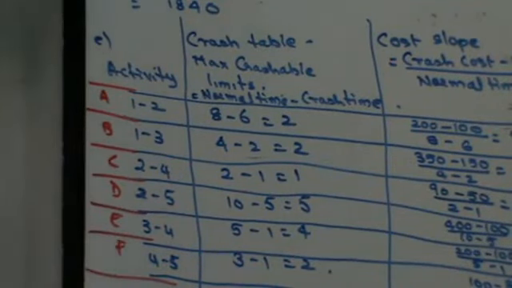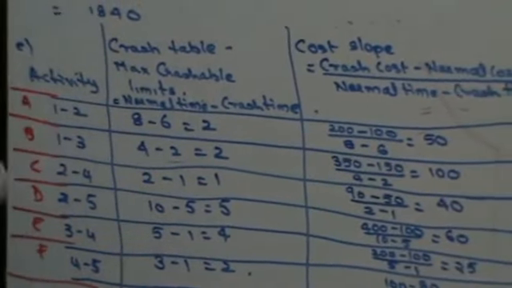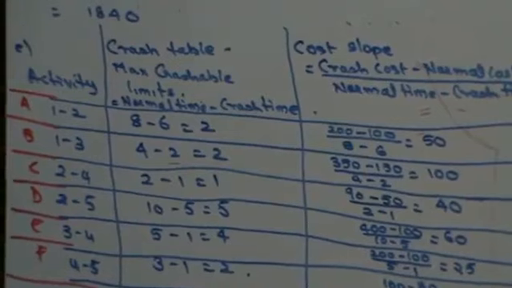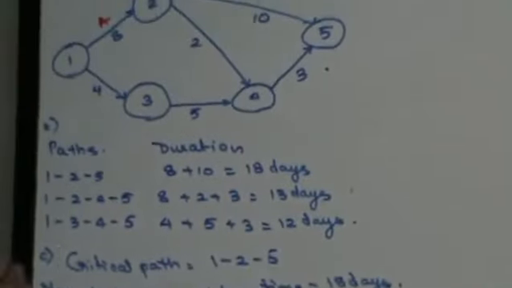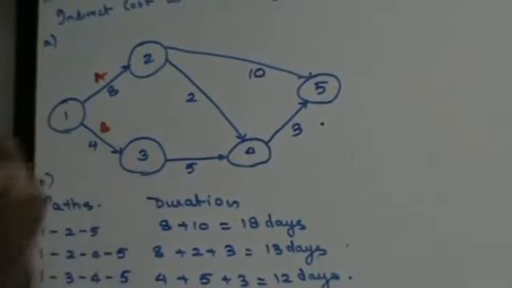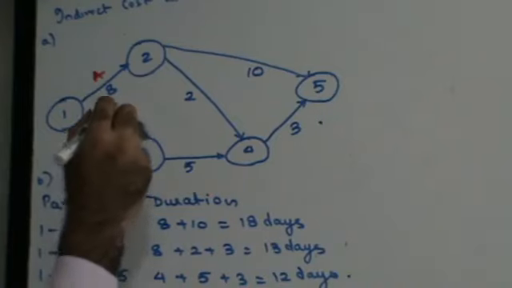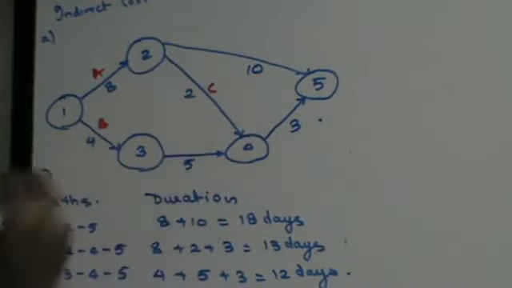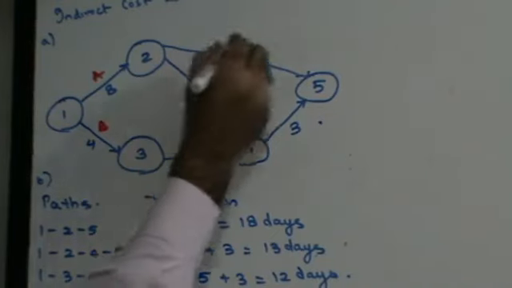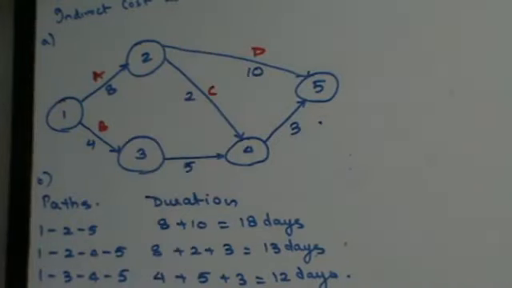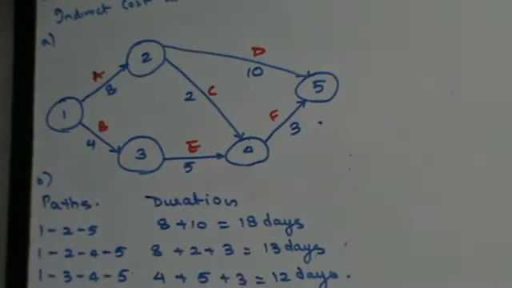So guys, let's see the critical diagram. 1, 2 I'm labeling as A. 1, 3 I'm labeling as B. 2, 4 I'm labeling as C. And 2, 5 I'm labeling as D. 3, 4 I'm labeling as E, and this is F, right?